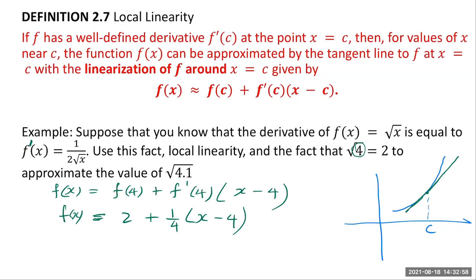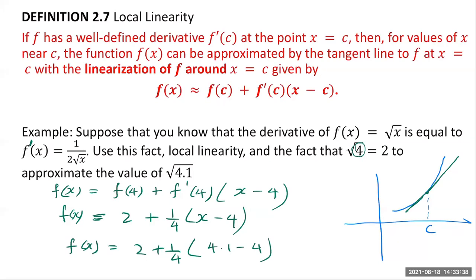Now we are asked to find the square root of 4.1. I know that my original function can be approximated by this local linearization near x equals 4. To find the function value at a point near x equals 4, you plug that value into this linearization. All you do is plug in x equals 4.1, so you get f of x is approximately 2 plus 1/4 times 4.1 minus 4.